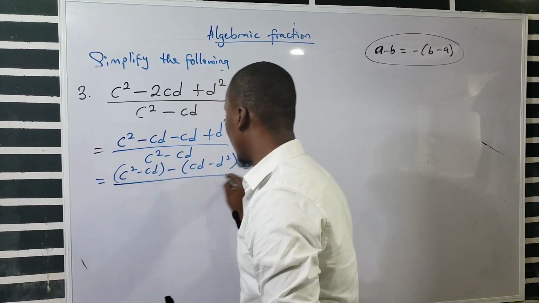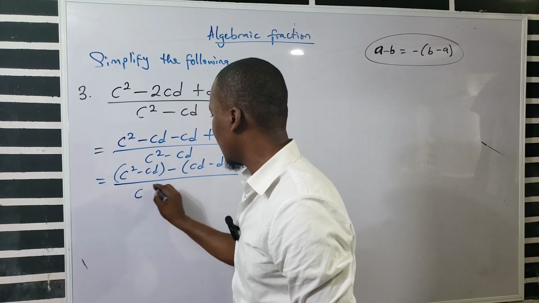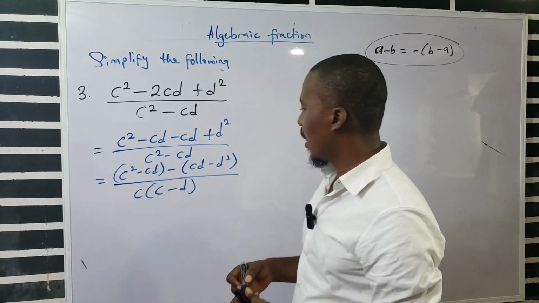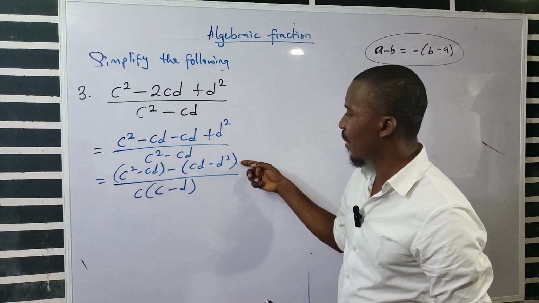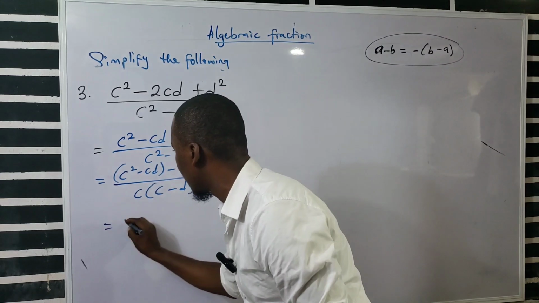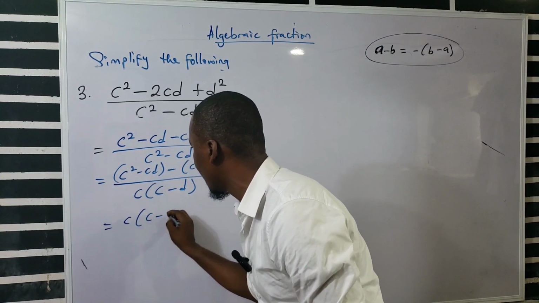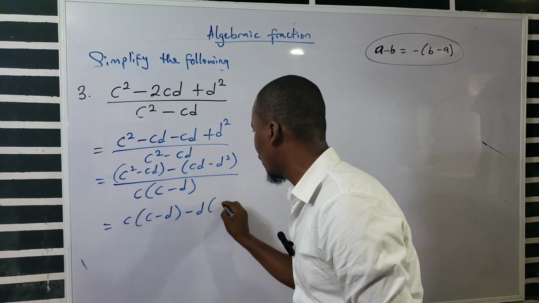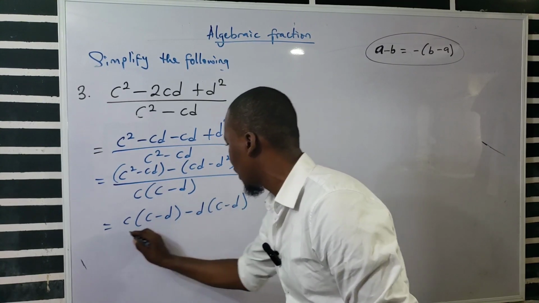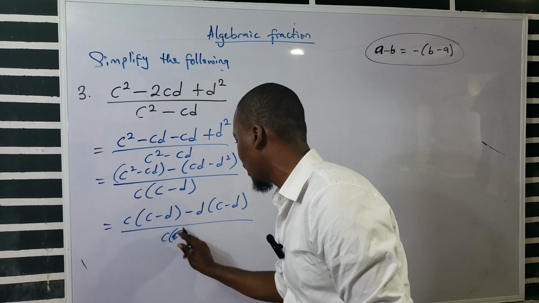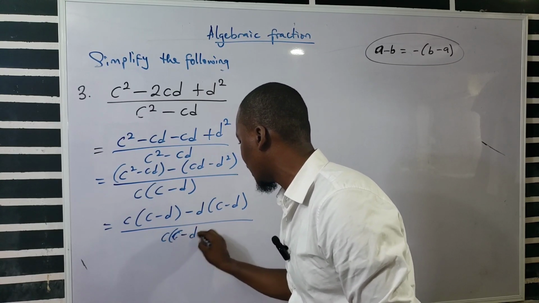All over, do the same thing here: c into c minus d. Now, you keep factorizing. Remember, we are just trying to factorize the numerator. So that will give us c into c minus d minus d into c minus d, all over c into c minus d.